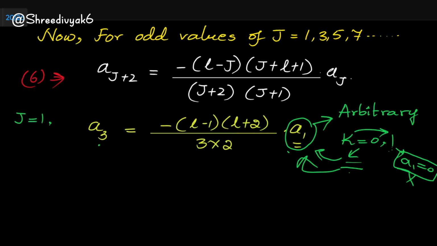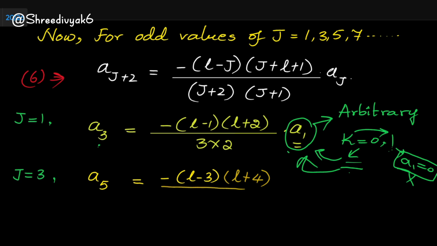Meaning, A3 can exist. If I choose the next value of j as j is equal to 3, I will get the coefficient as A5. Now A5, I can calculate it as minus (L minus 3) into (L plus 4) divided by 5 into 4.